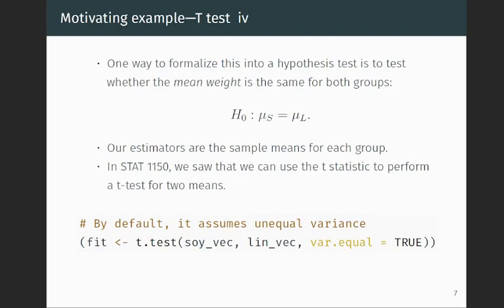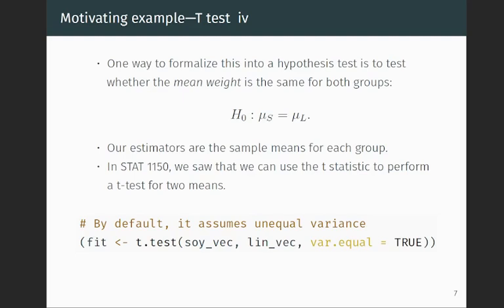So we have a null hypothesis, H0, which says mu_S is equal to mu_L, where mu_S is the average weight for soybean-fed chicks, and mu_L is the average weight for linseed-fed chicks. And then our estimators are simply the sample means for each group, right? We can estimate mu_S and mu_L using the sample means.